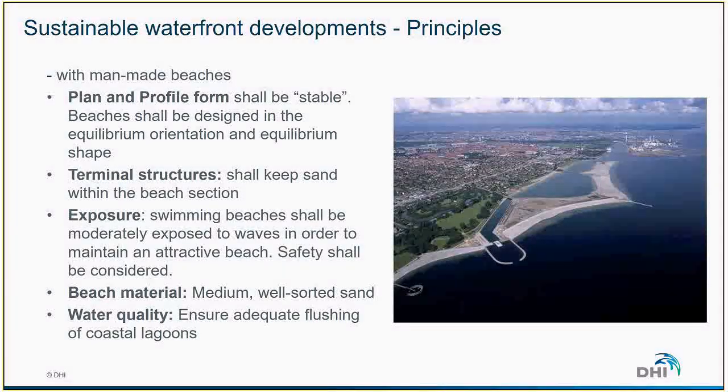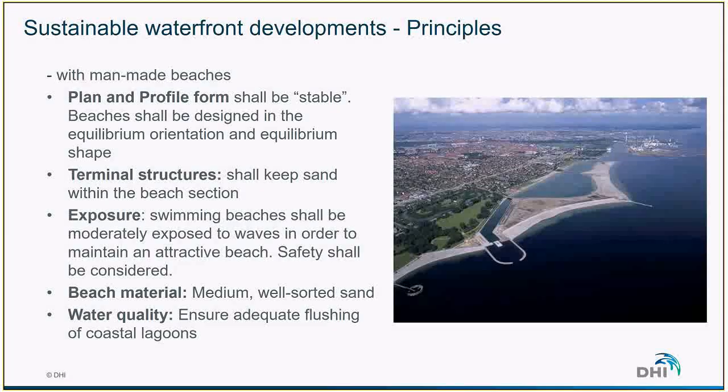So we really want to have something that is stable, and to achieve that, we try to have a plan form and a profile for the beach that is in the equilibrium shape and at the equilibrium orientation. Then we would like to have some terminal structures that will help keep the sand along the beach sections and avoid the sand moving away from the beach.